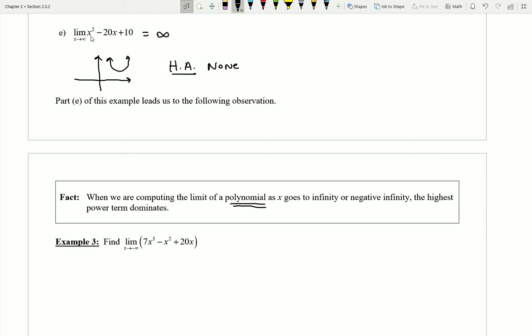Notice here that if I was to plug in very small values of x, I can see that taking a small value of x and squaring it can make a slightly bigger number, right? Like if I took 3 and I squared it, I'm going to get up to 9. But if I took 20 times 3, that's 60.